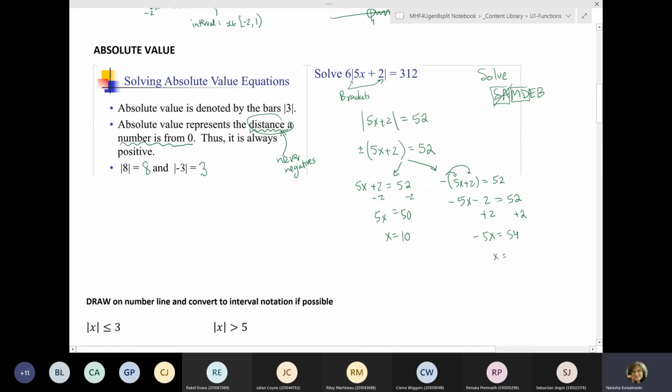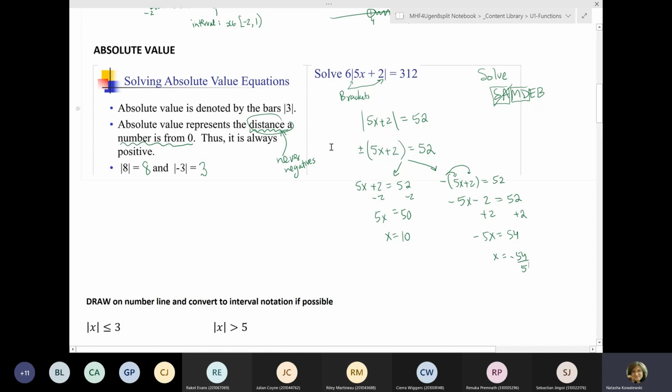What should be the answer? Negative what? Negative 10.8. Should we put it as a decimal or should we leave it as a fraction? Fraction. Yeah, because this is not something we're plotting necessarily, so leave it as a fraction so we know it has not been rounded. Okay, so this is a solution to this equation.